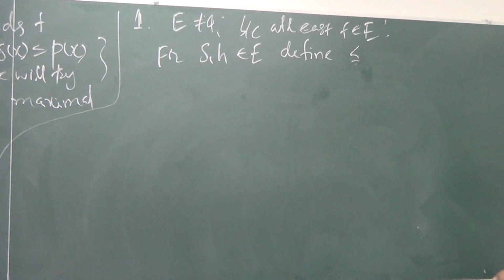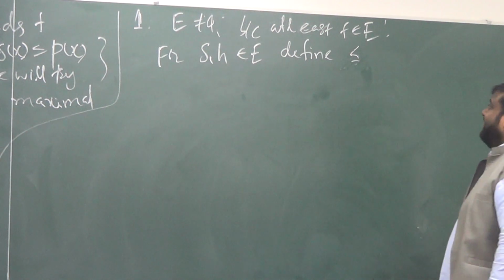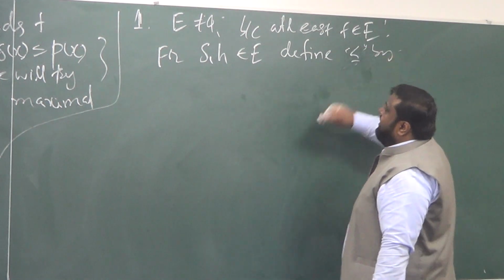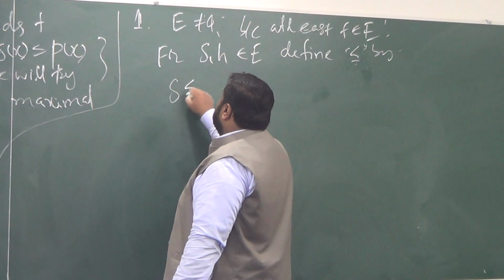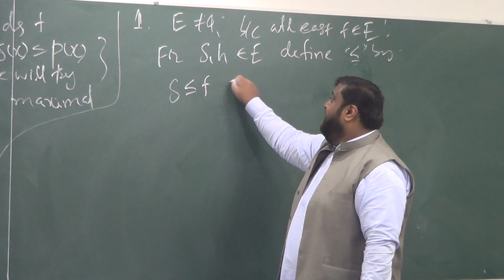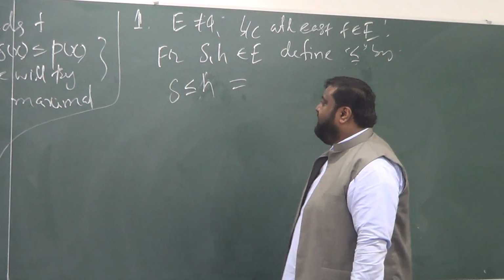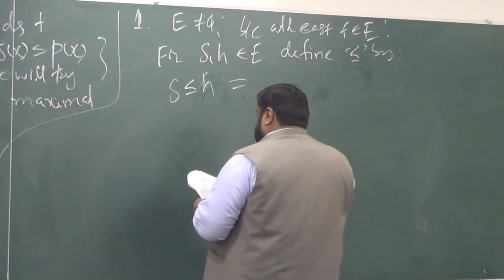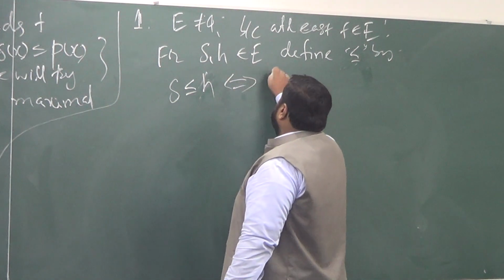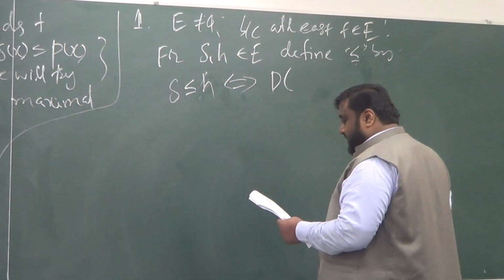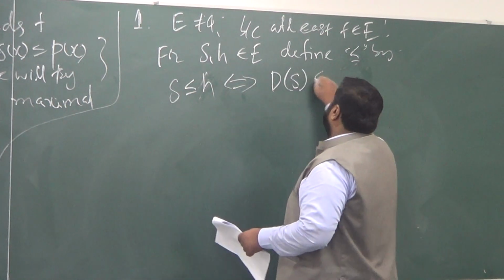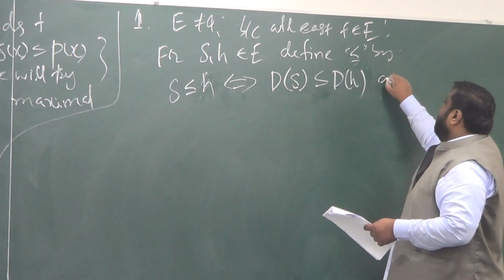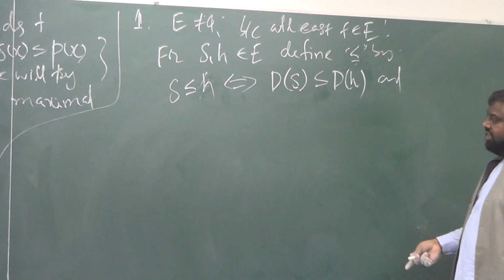So define the order by: G is less than or equal to H if and only if the domain of G is contained in the domain of H.